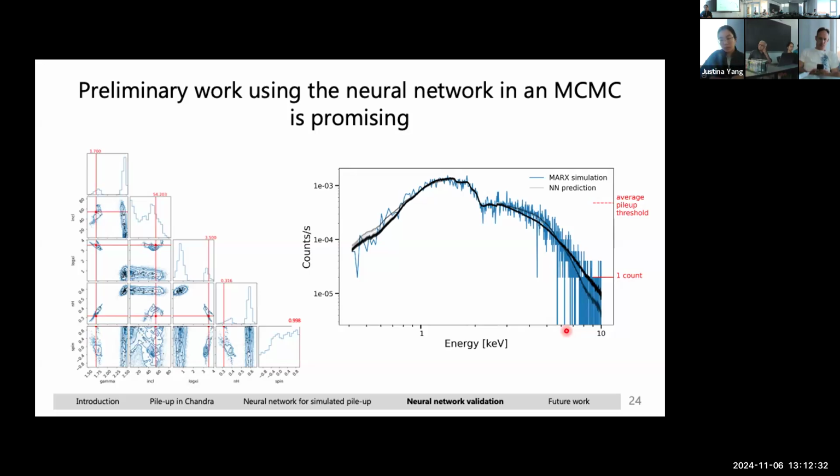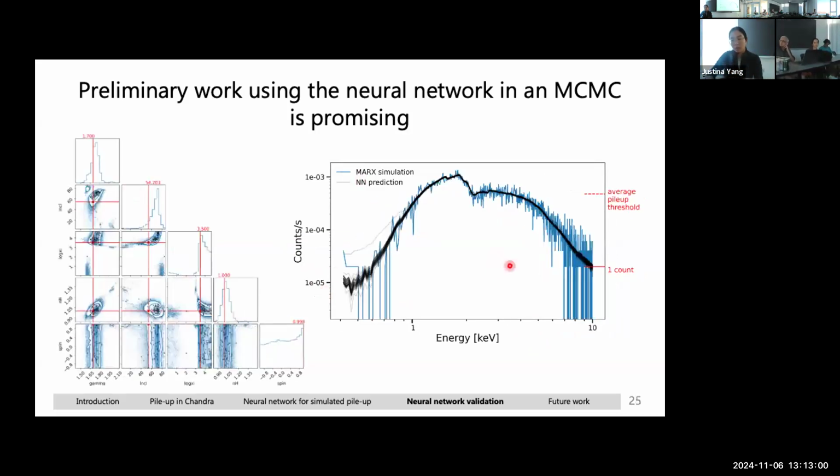Like I said, the spectra that the neural network ends up predicting are roughly consistent with the MARX simulation. They do correspond to different parameters. They do have different amplitudes at around 4 keV and below 1 keV. So there's a trade-off in the optimization here, which is causing the MCMC to pick out different regions in parameter space as the best fit parameters.